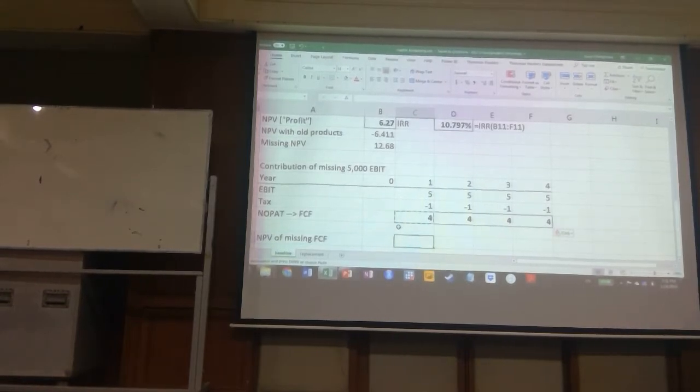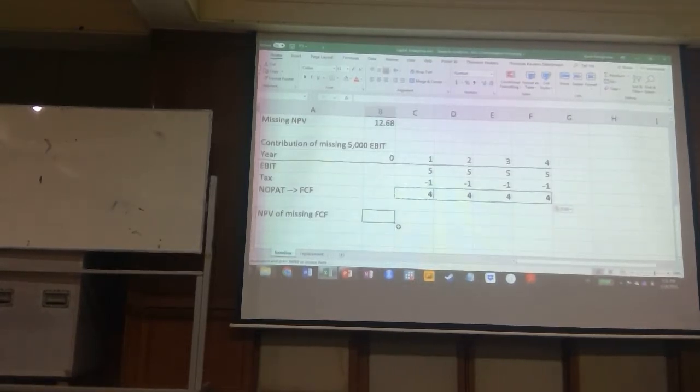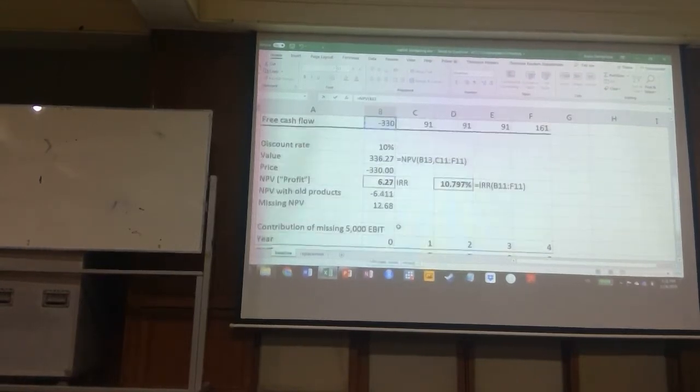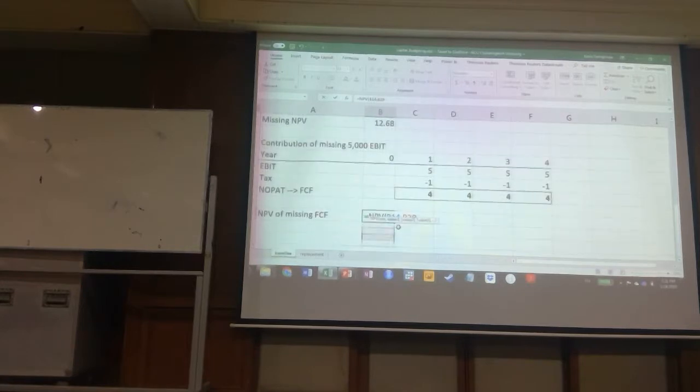The simple example I have here is that this 4 is going to be exactly the 4 of cash flow. So let's calculate the NPV of this missing free cash flow. And you may have guessed this number is that 12 we're looking for.